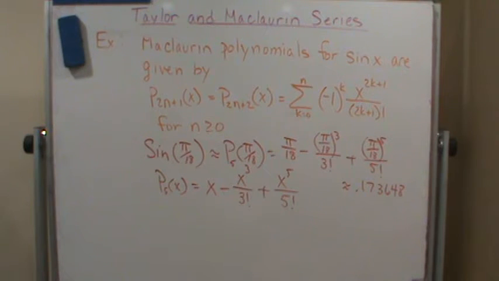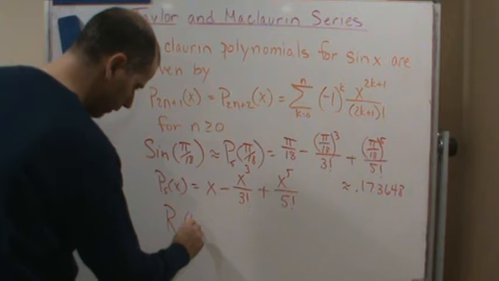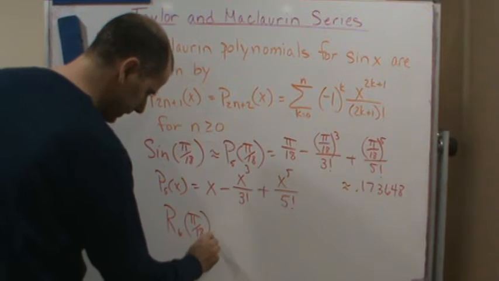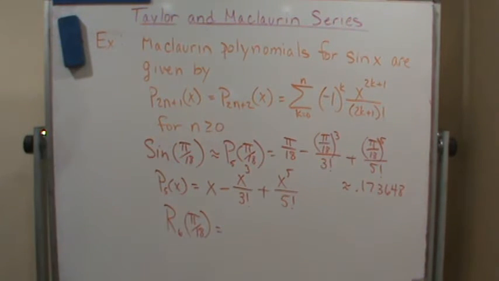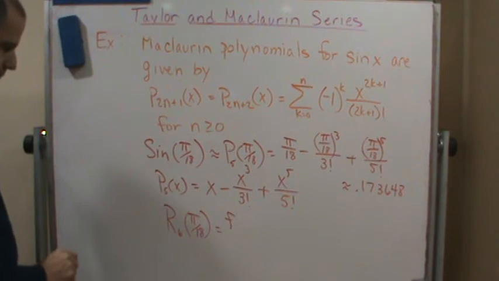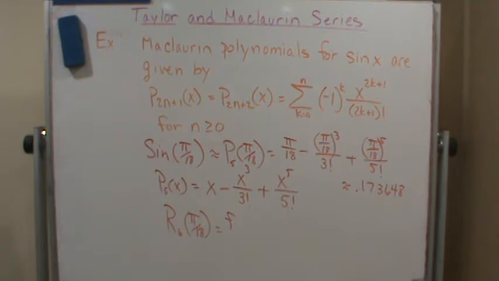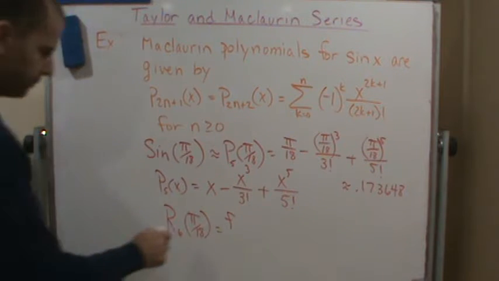Now, by the uniqueness of the Taylor series, and remember the Maclaurin series is just a very specific type of Taylor series, we know that R6 of pi over 18 is equal to what? It's going to equal f to the 7th, I'm sorry, it's n plus 1.